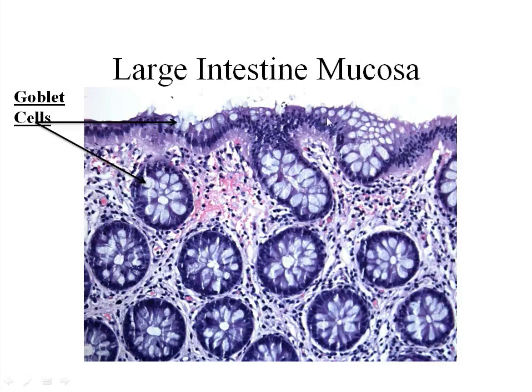Simple columnar epithelium, and the majority of those columnar epithelial cells are converted into goblet cells, secretory cells. Then also some goblet cells are grouped together and form major mucus-producing glands which have ducts to open outside, and so the large intestine mucosa is embedded with a large number of goblet cells.